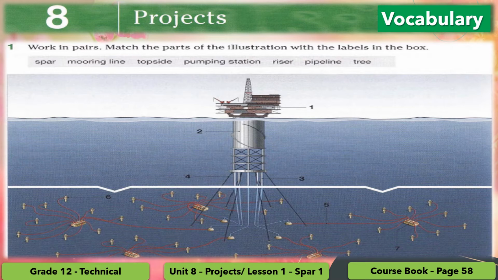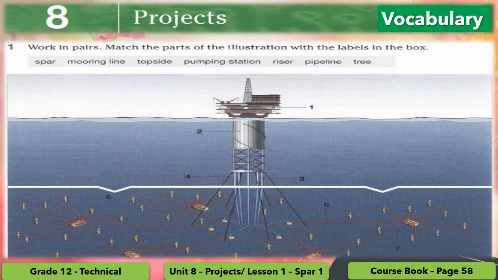Number 1, we have spar. 2, mooring line. 3, topside. 4, pumping station. 5, riser. 6, pipeline. And the last one, tree. Now please try to decide what each part is called. Then come back to check your answers.